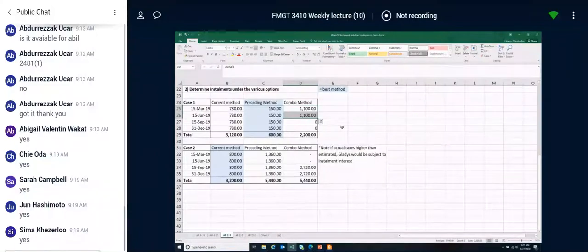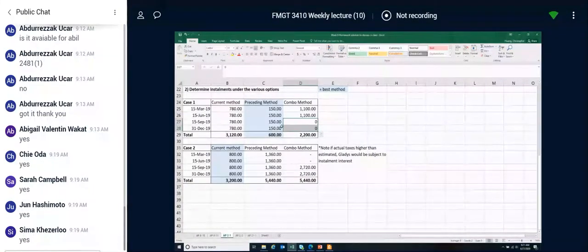So in that type of situation, of course, the CRA is not going to give money back. Okay. Once it gets money in terms of an installment, it's not giving it back until you file your return. So in this case, the CRA would just say, okay, because your preceding tax year is already lower than the first 2 payments you've made, you don't need to make any more installments. Okay. So that's kind of how the combo method would look.